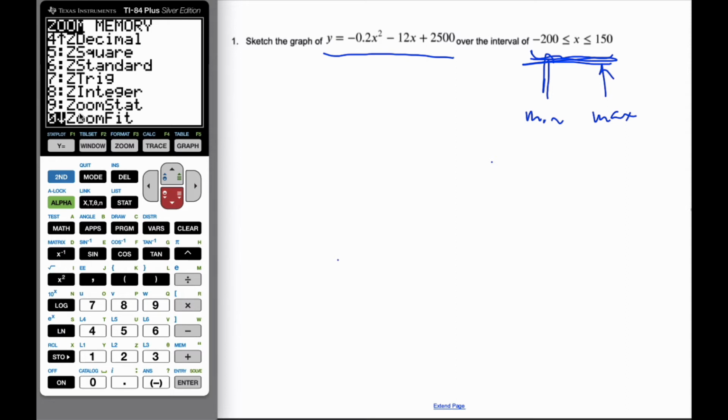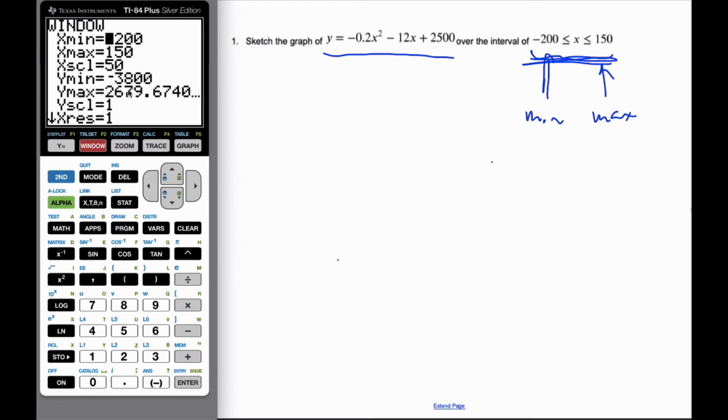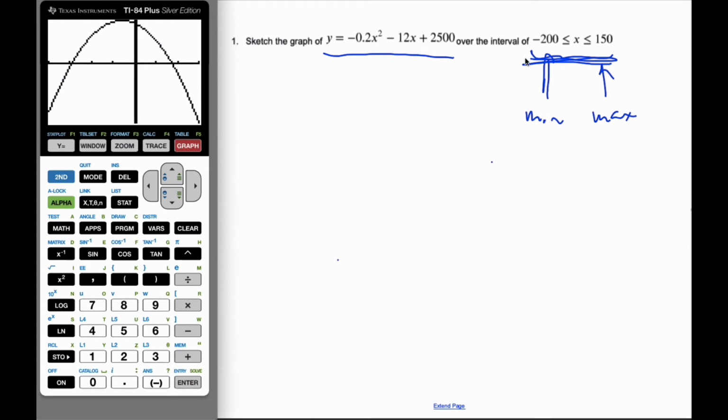What zoom fit does is it looks at your x min and max, and it makes your y values fit these x's. So if I hit zoom fit, it makes my window fit. Now this is -200 to 150, and I can see where the tops and bottoms of my function actually are. That is a quick little trick about zoom fit.